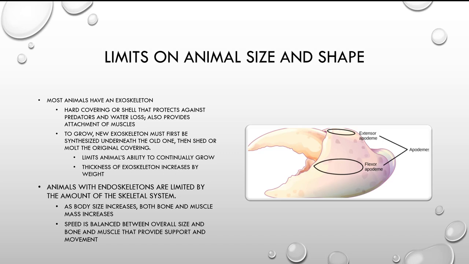So you can see here in this diagram, we have the exoskeleton, and these ingrowths are called apodemes. They are little attachment sites for muscles. So you can see the muscle, here's a crab claw, and muscles will attach to these little spots on the exoskeleton. Okay.